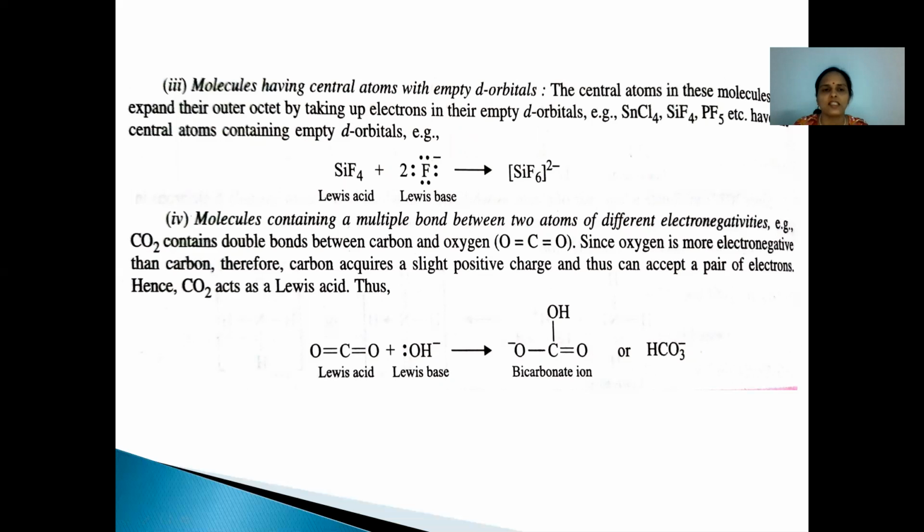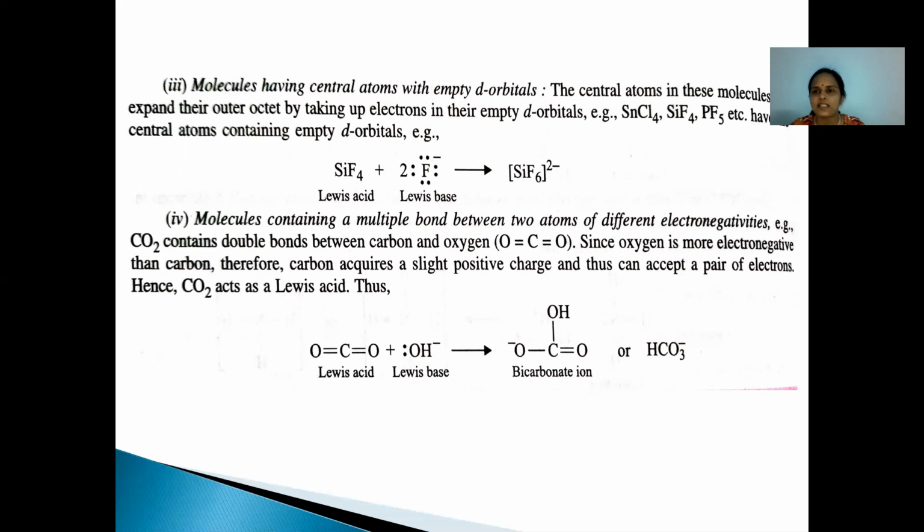And the last category is molecules containing a multiple bond between two atoms of different electronegativities. Example, you can take the case of carbon dioxide, which contains double bonds between carbon and oxygen. Since oxygen is more electronegative than carbon, carbon acquires a slight positive charge and thus can accept a pair of electrons.